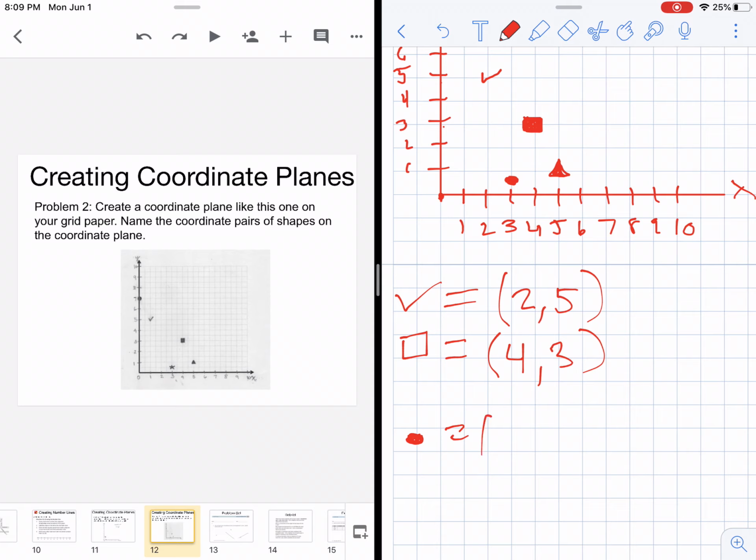So I am going to take a guess that it is 3 comma 1/2 or 3 comma 0.5. And then the triangle, last one, is over 5 up 1. So the coordinate pair would be 5 comma 1. So we're finding where the shapes are, where they intersect.